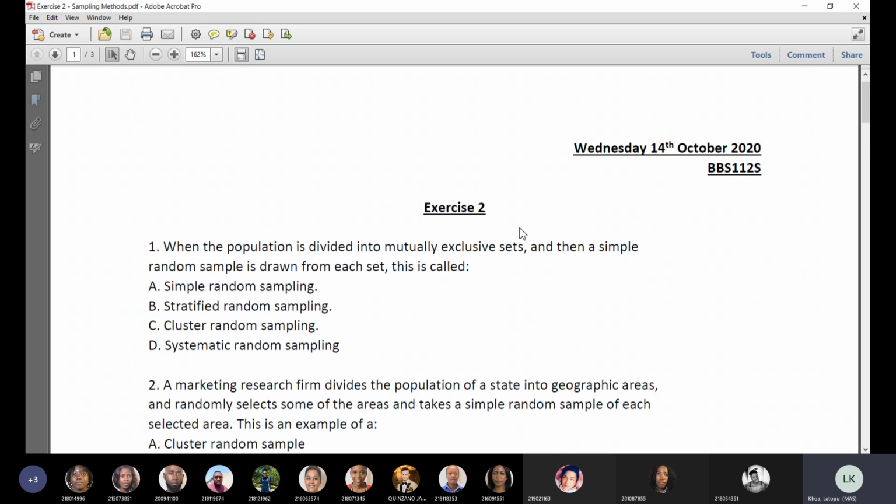So these are mutually exclusive. Now, simple random just means you have a list of everybody and you say, I want 10, you put names in a hat, you pick 10 names out of that. Stratified involves groups, so this is maybe the answer. Cluster also involves groups, so this is maybe the answer.